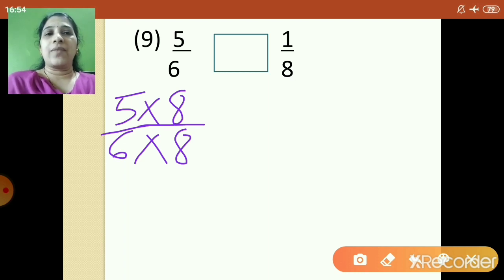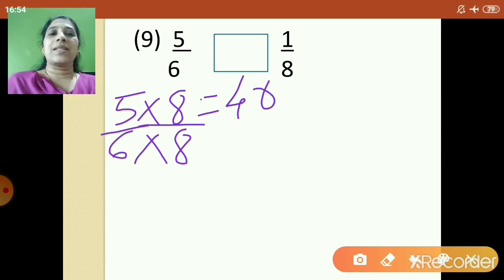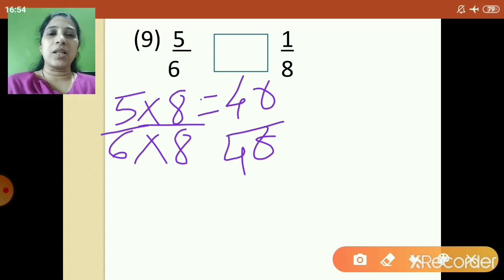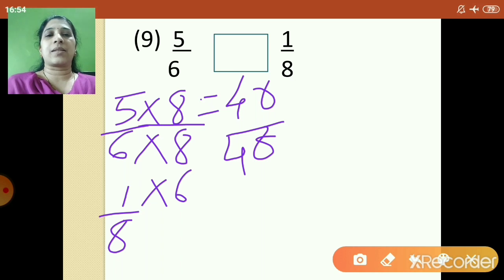So what is 5 8s? 5 8s are 40. And what is 6 8s? 6 8s are 48. So we'll take the other fraction, that is 1 upon 8. We'll multiply it by the other denominator, 1 into 6 upon 8 into 6.